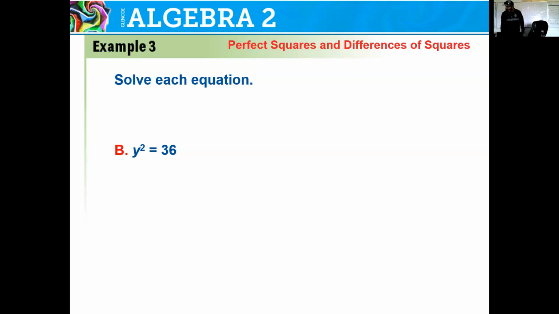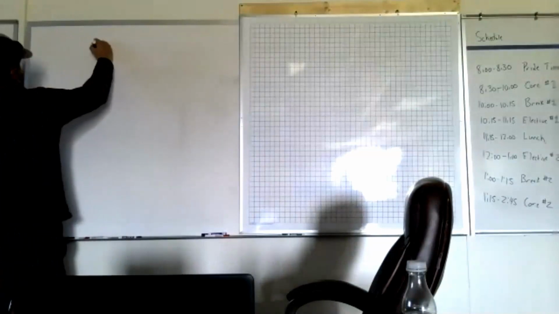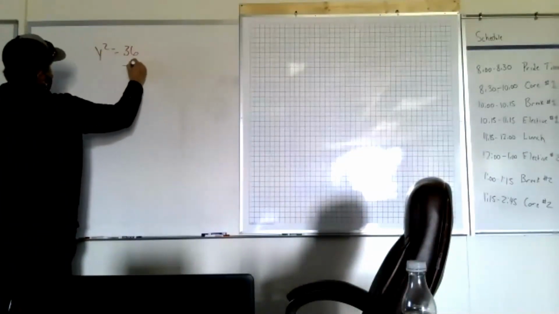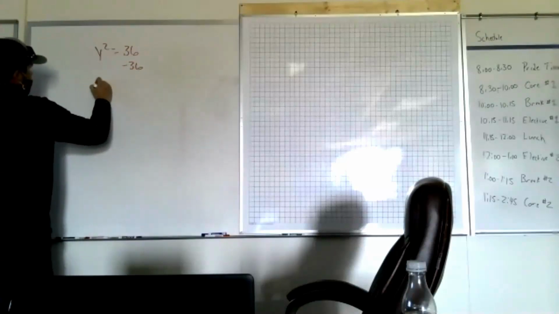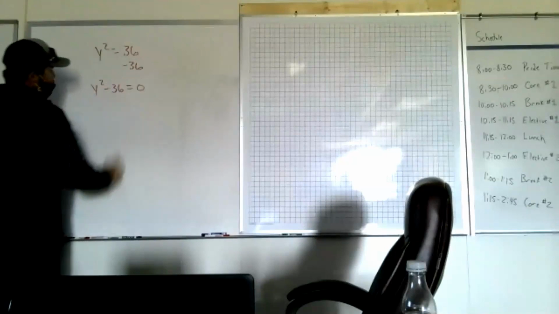We've got to show how to factor it. But in order to factor it, we've got to get it into standard form. I have to move the 36 from one side to the other. So I'm given y squared is equal to 36. I subtract 36 on both sides to get y squared minus 36 is equal to 0.